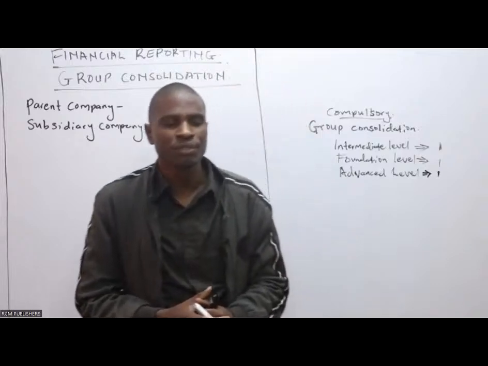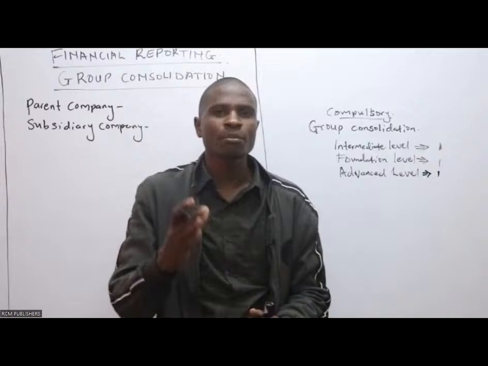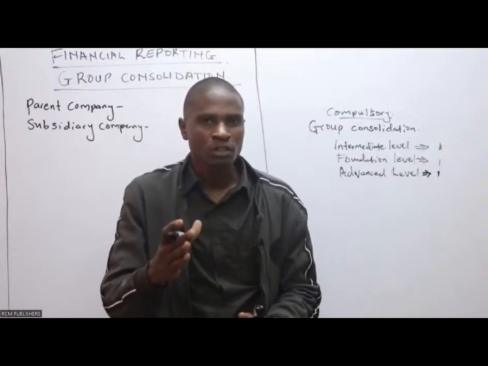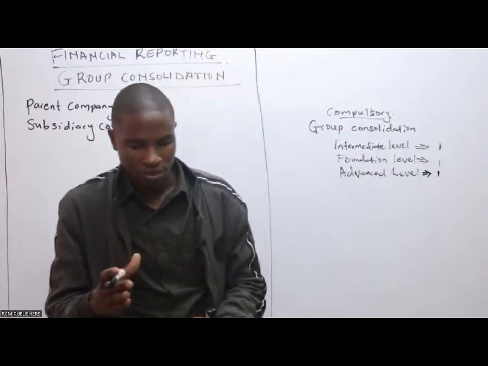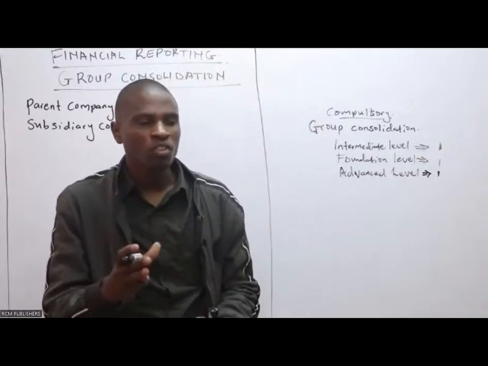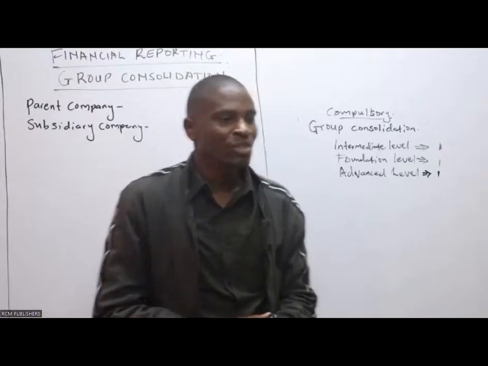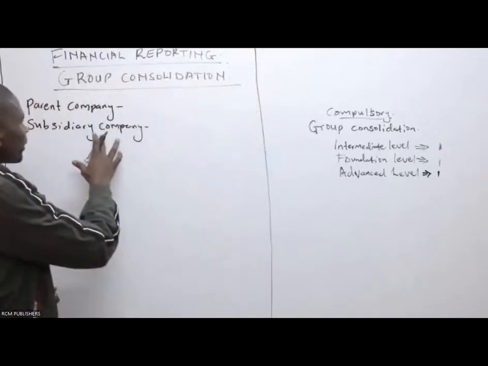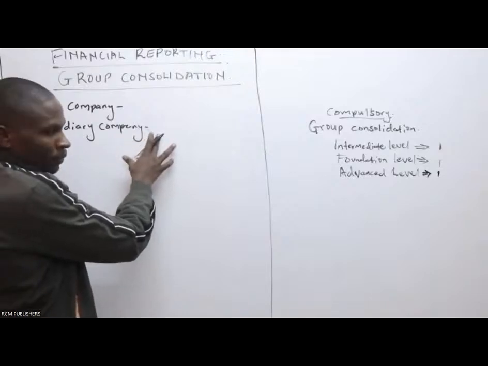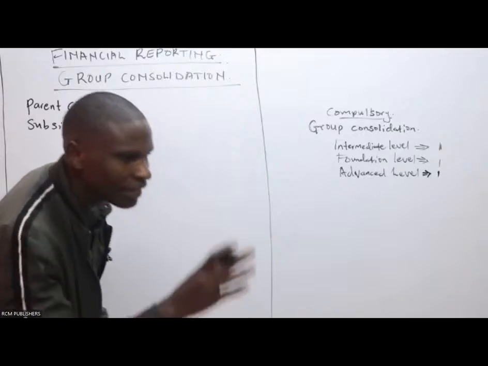Which name do we give the other company that the parent company has acquired more than 50% of? Someone to help us. Of course, I've given you the answer. We call that company a subsidiary. More than 50% is a subsidiary.